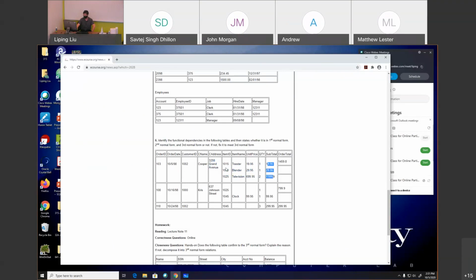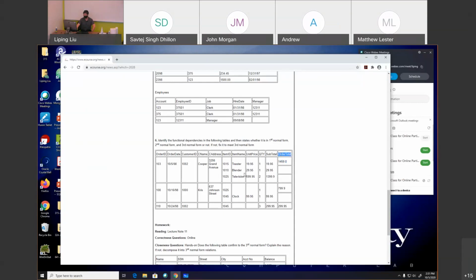All those columns have repeating values. And then of course, each order has one order number and order total, okay? So that's unique, not a repeating attribute. Order total is okay.